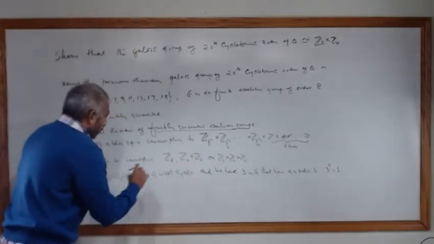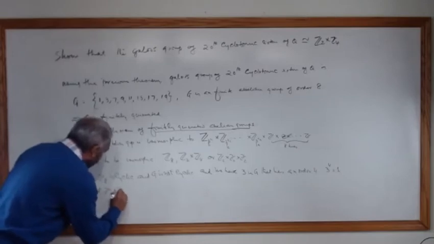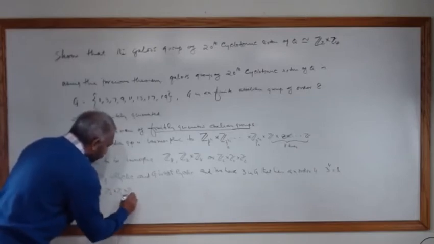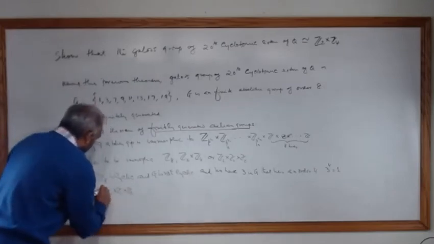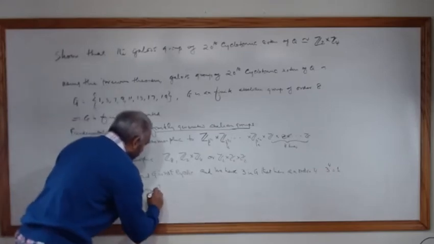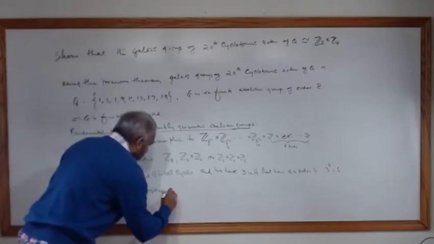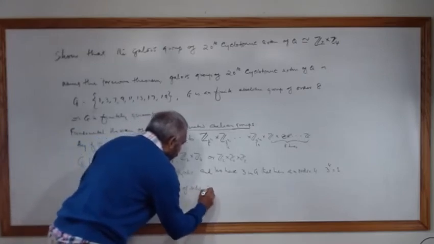But in Z2 cross Z2 cross Z2, every element is of order 2.